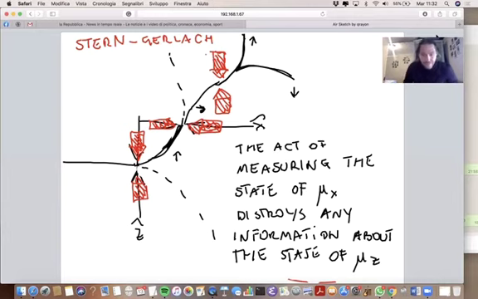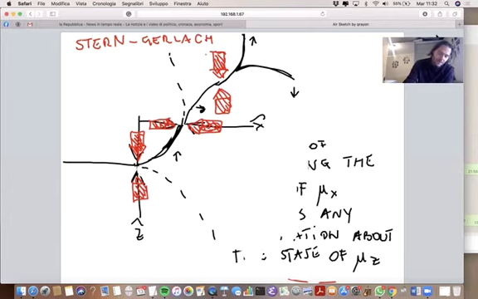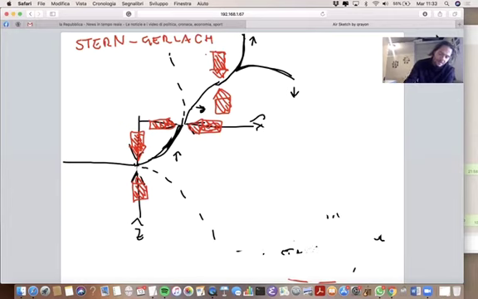So we are facing an important new phenomenon, which I state in the following sentence.